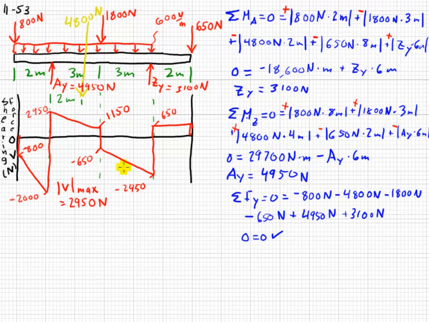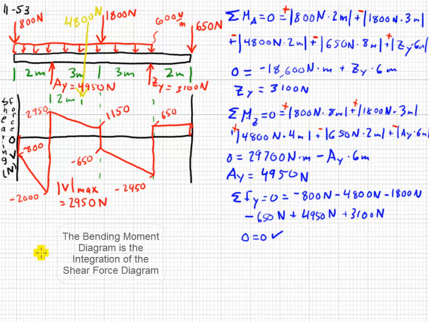Now we're not done using it because we need it for the bending moment diagram. We set up our bending moment diagram similarly, but our first step is to do the shear force diagram, which we just did. And now we also need to recognize that the bending moment diagram is based on the area of the shear force diagram.